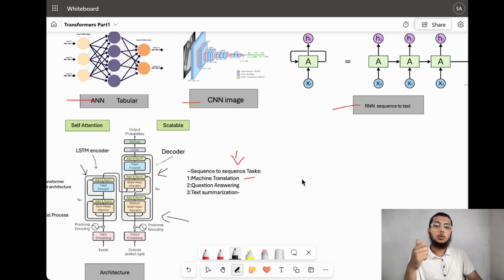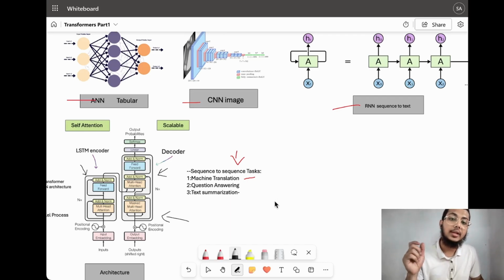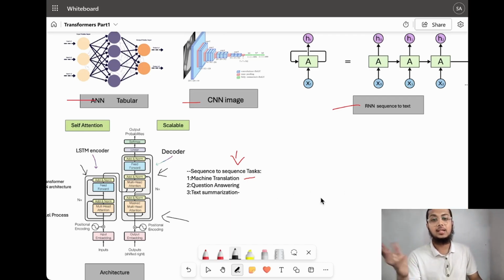Here instead you use a form of attention called self-attention, because of which you can send all the words of your sentence simultaneously as input to the encoder. Basically, you are able to do parallel processing, and because of that, the training of the transformers architecture becomes very fast and scalable, due to which you can train this architecture on very large datasets as well. I hope you got a basic overview.